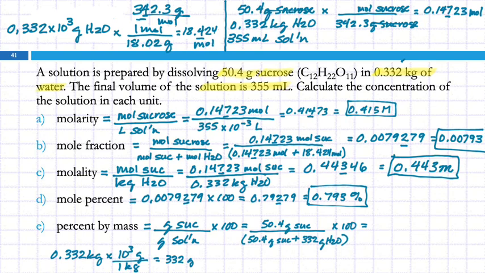And this should be 3 sig figs would be a reasonable number here. So 13.2%. Any questions?